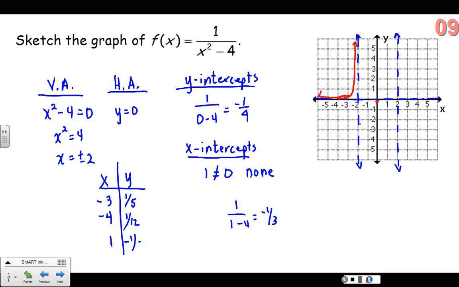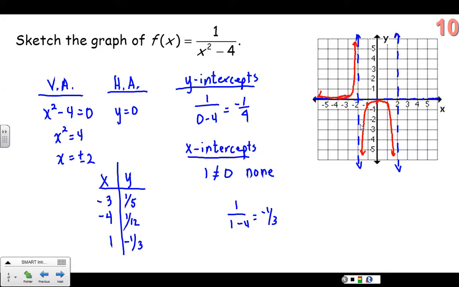That should happen at 1 and negative 1. So at negative 1, negative 1/3 would be just a little bit further down. So what I'm figuring is that we're doing a U shape, probably, in the middle here, getting closer to those asymptotes.